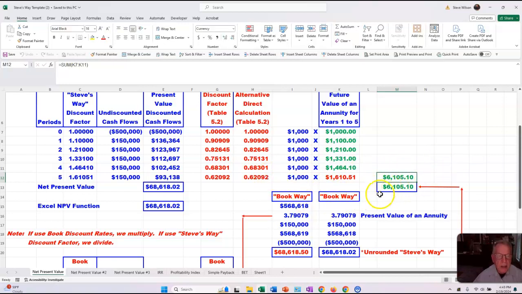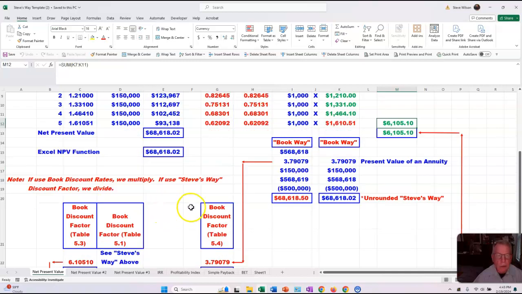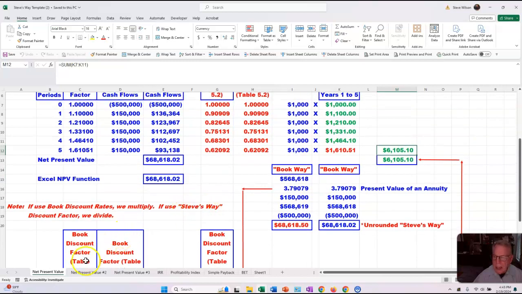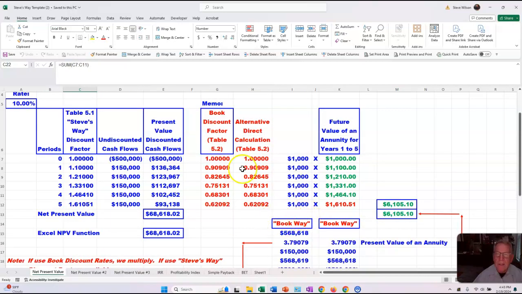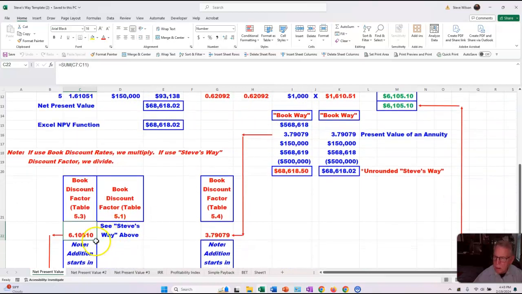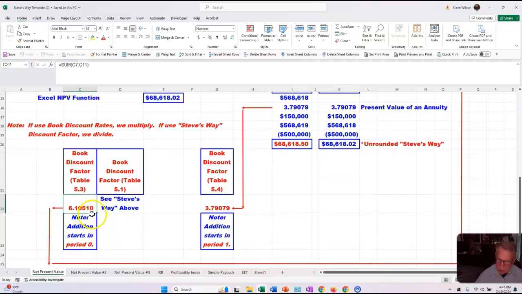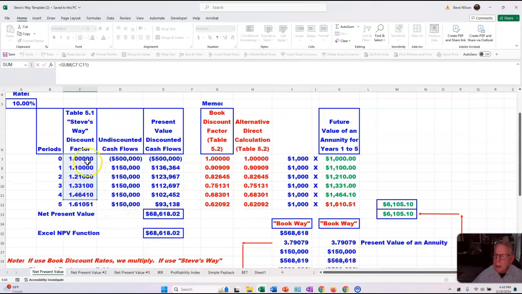And how do I get that factor of 6.1? I get that factor by taking the sum of C7 and C to C11. So I'm going to take C7, do it this way, and you can see I've added those together.